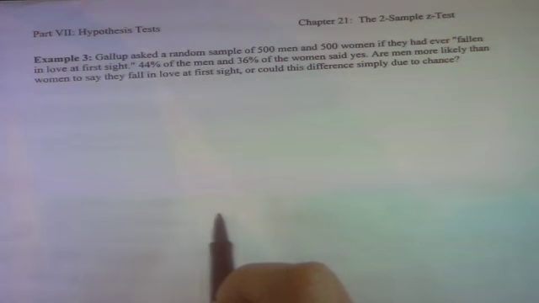All right, so why don't we look at this one and think about this one here. Okay, so Gallup asked a random sample of 500 men and 500 women if they'd ever fallen in love at first sight.